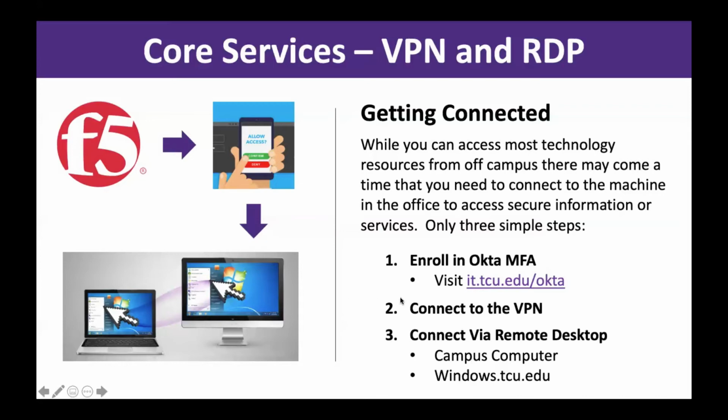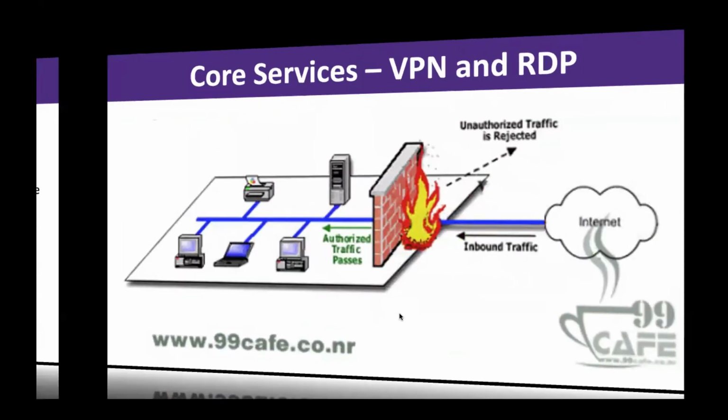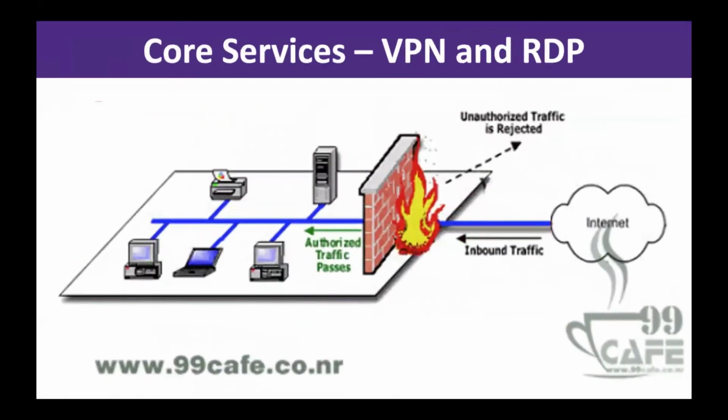And so let me talk just a little bit about how networking works, at least to give you a quick diagram of this process. One, imagine yourself out here on the internet. This is where you are with your laptop or your computer today. And this is the TCU campus right here, all these little computers back over here. There's a server right here, printers, and the computers that are on campus.